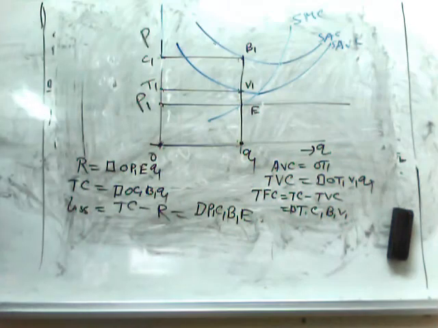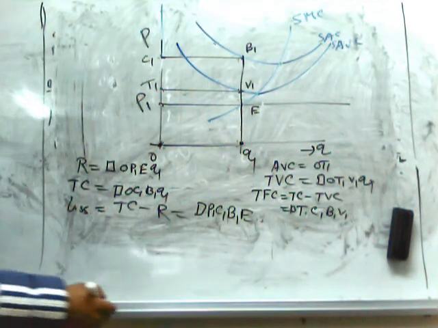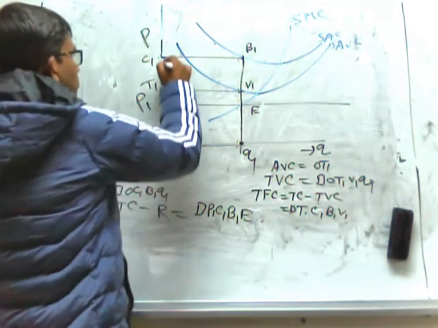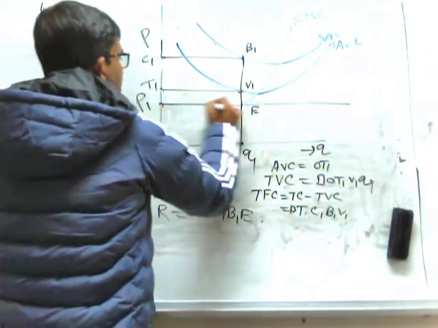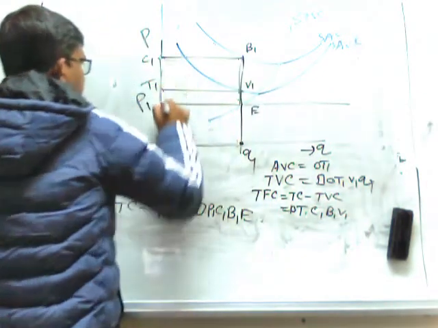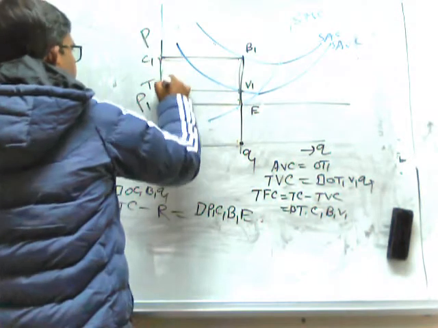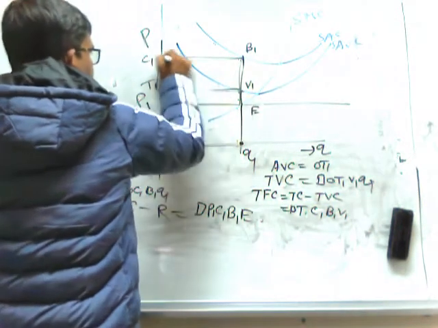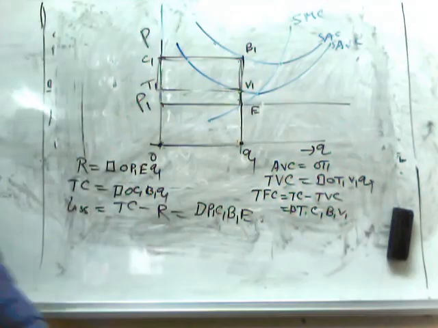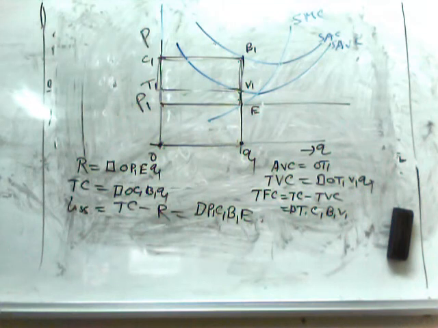So if the firm continues in the market, its loss will be equal to P1 C1 B1 E1. This rectangle will represent its loss. If the firm leaves the market, the rectangle T1 C1 B1 V1 will indicate the loss. So in this case, what we find? That if the firm leaves the market, the loss will be less.